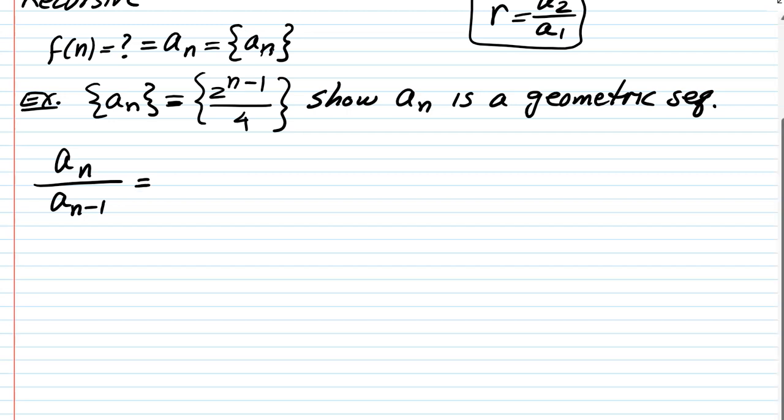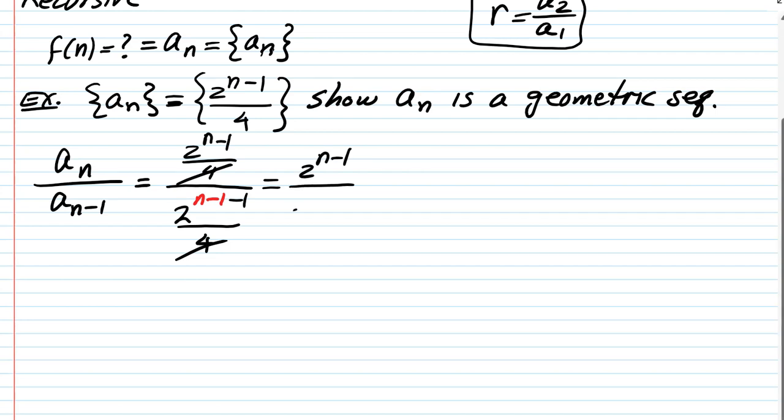Now, a sub n here is 2 to the n minus 1 over 4 divided by the previous term, which is going to be 2 to the n, but then previous to n is n minus 1, right? Minus 1 over 4. See, right in here, I changed n to n minus 1 for the previous term. All right, the 4's cancel, so I have 2 to the n minus 1 divided by 2 to the n minus 2. True? 2 to the n minus 2.